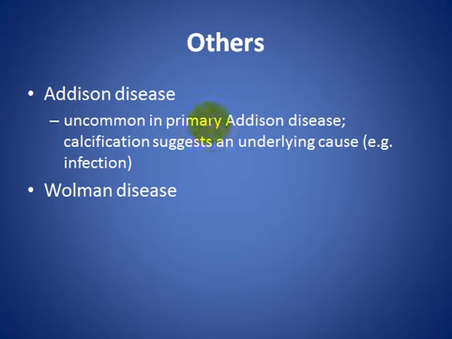Other causes of adrenal calcification, like Addison disease, are uncommon and suggest an underlying cause like infection, and another rare cause of adrenal calcification is Wolman disease.